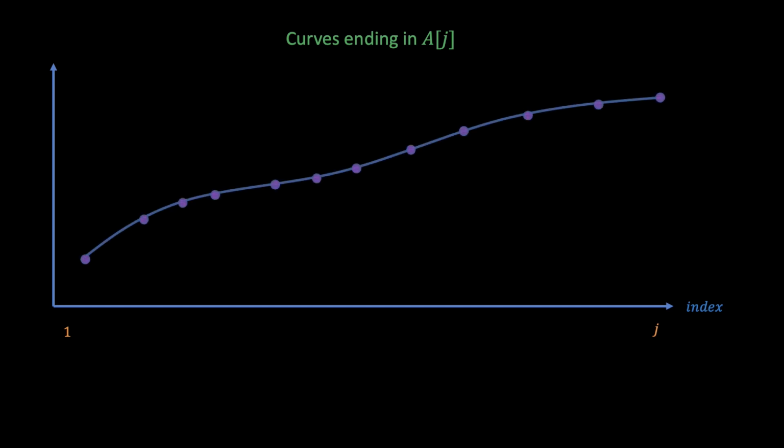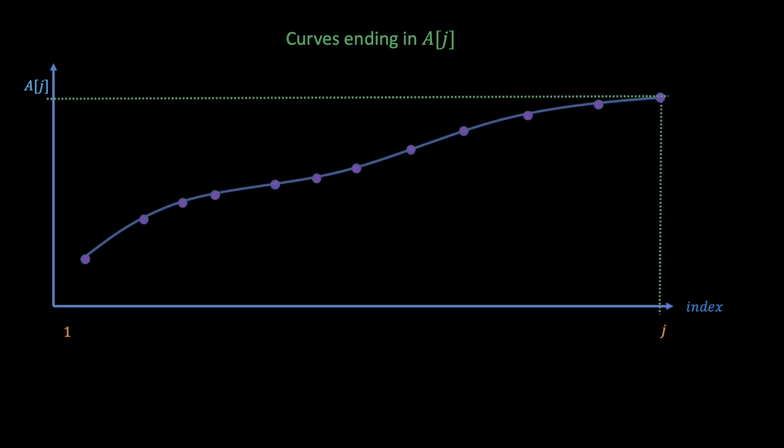Now, what about the subsequences of length i ending in aj? Well, if we look at the first j-1 elements and delete the last number aj in this sequence, then what do we have? I'm sure if you think carefully, you'll notice that what we have is an increasing subsequence of length i-1 in the first j-1 elements, ending in a number less than aj.